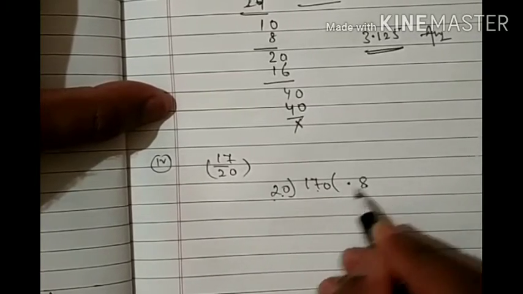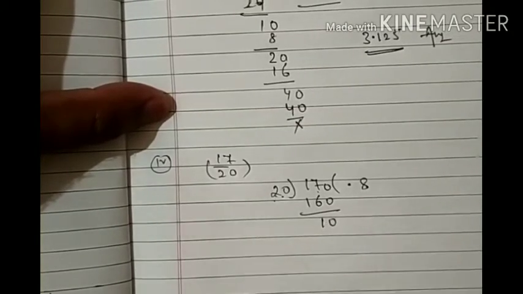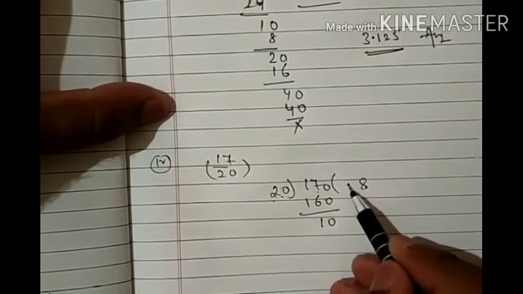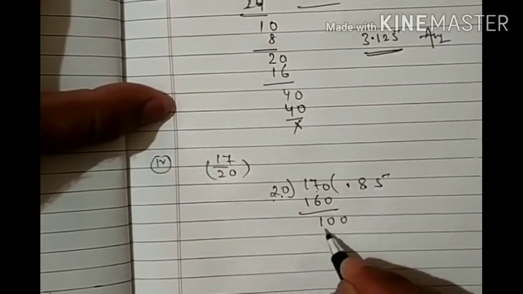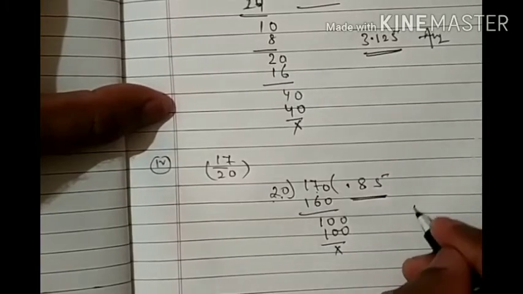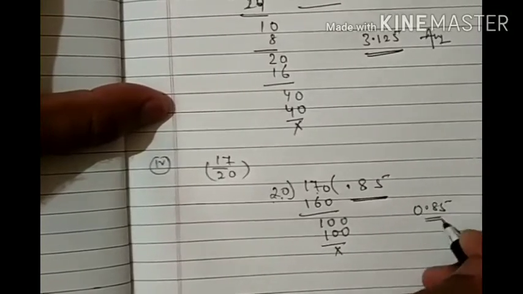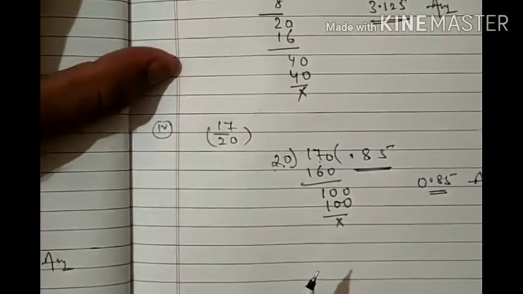We can write 8. 8 twos are 16, so 160. What are we left with? We are left with 10. Now since we have a decimal over here, we can put a 0. 5 twenties are 100. What do we get? 0.85. This is the required decimal form of our question 17 by 20.